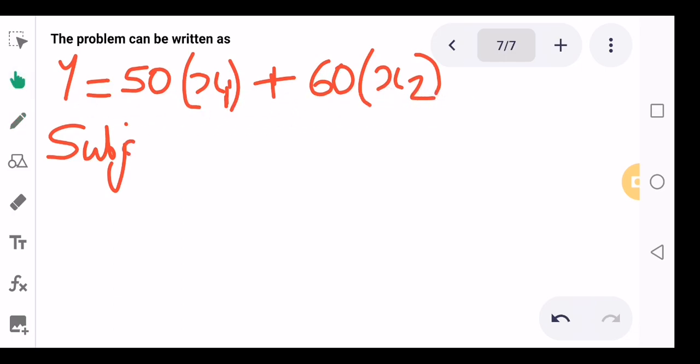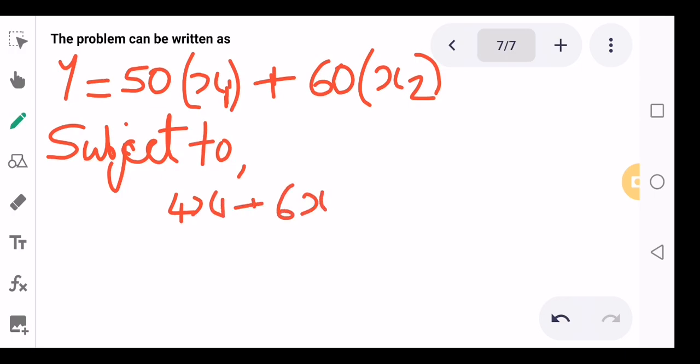This is possible subject to certain conditions or restrictions. The first restriction is the raw material related restriction, that is 4x1 plus 6x2 less than or equal to 60.